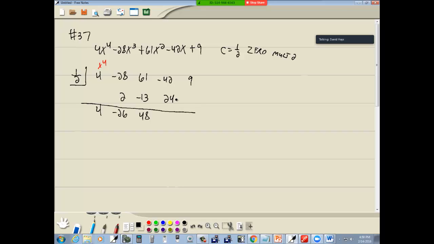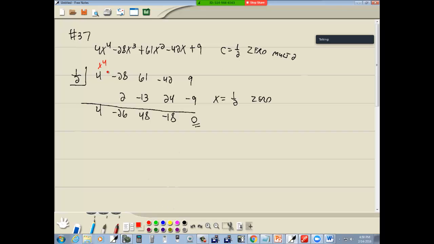Add, negative 18. Then multiply, 1/2 times negative 18 is negative 9, and then add, and you get a 0. Now when you get a zero remainder, the factor theorem says that's a factor or a 0. So we found our first 0, which is not a surprise because they told us it was going to be a 0.